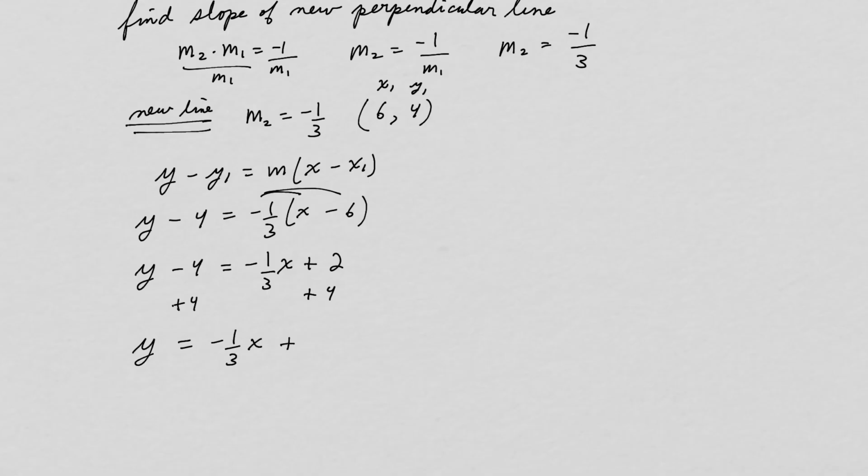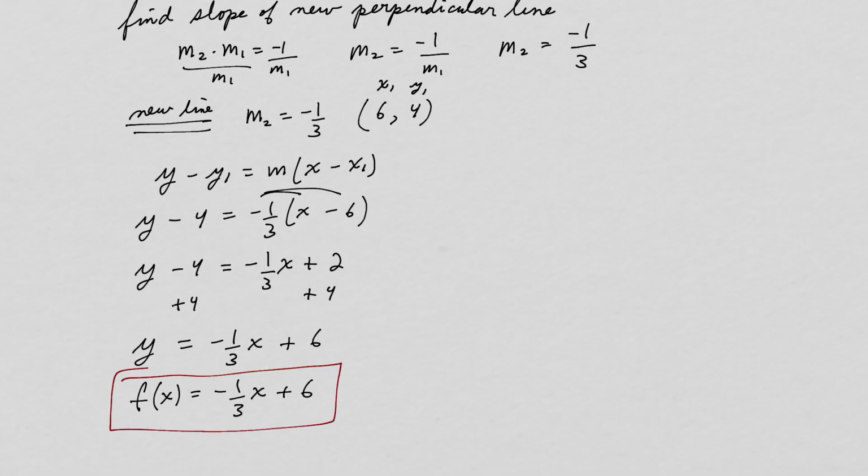And if we really want to write it in function notation, I'm just going to put f of x for y. So that would be the answer, right? That's the equation of the line that's perpendicular to that given line, which passes through the point (6, 4).